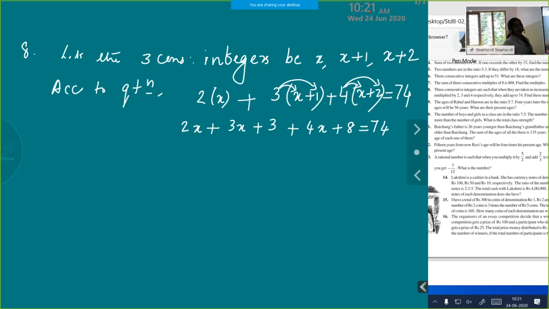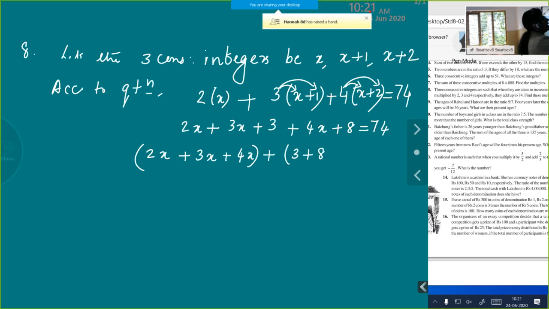So this is after you expanded the expression. Now I am going to collect the x terms. I have 2x, 3x and 4x. Bring them together. Now collect the constant terms, which are 3 plus 8. This is equal to 74.